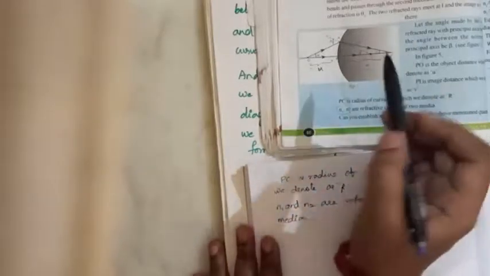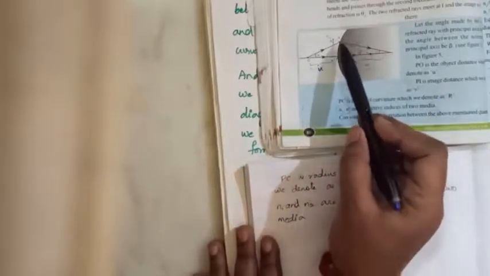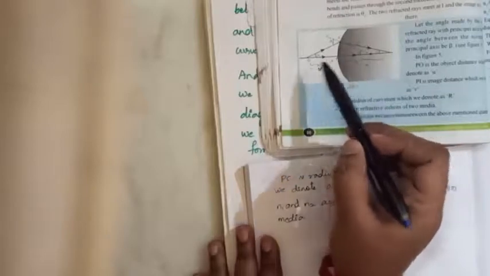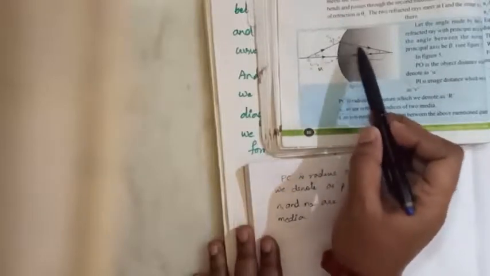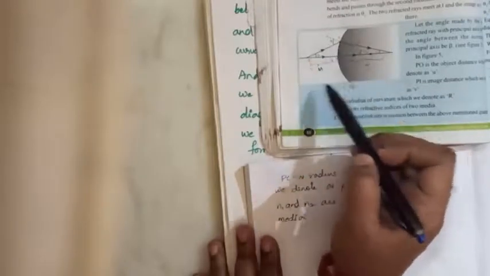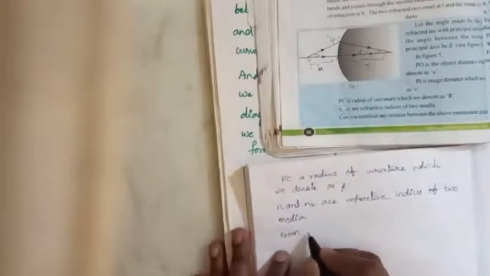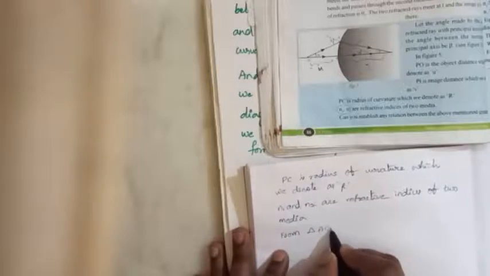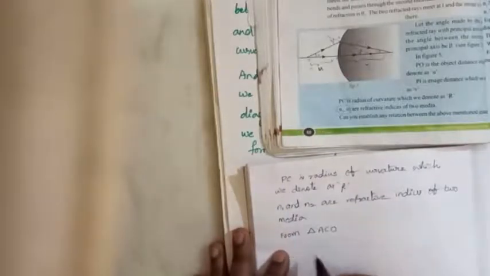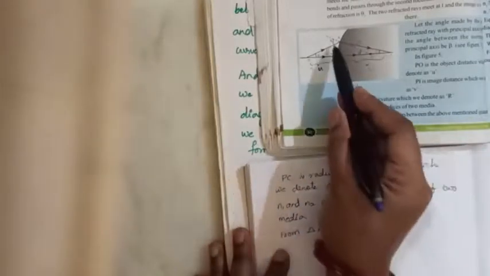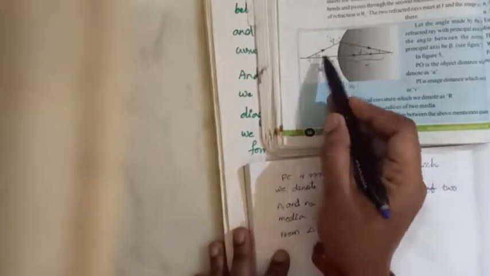So in the triangle ACO, see children, A here, C, and O is the object. So I am considering this triangle ACO. From triangle ACO, we can write theta 1 is the exterior angle for this triangle.